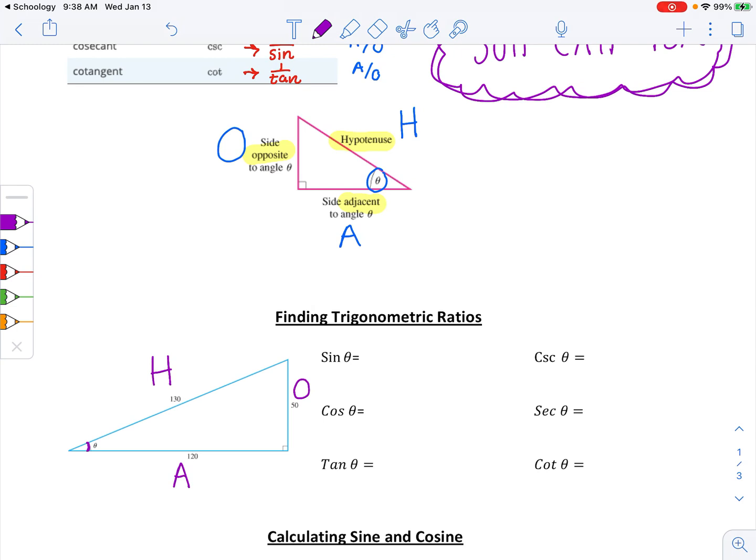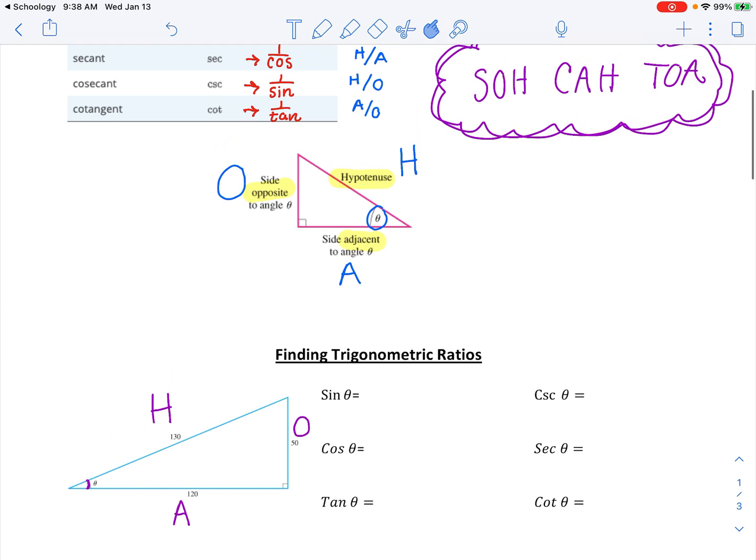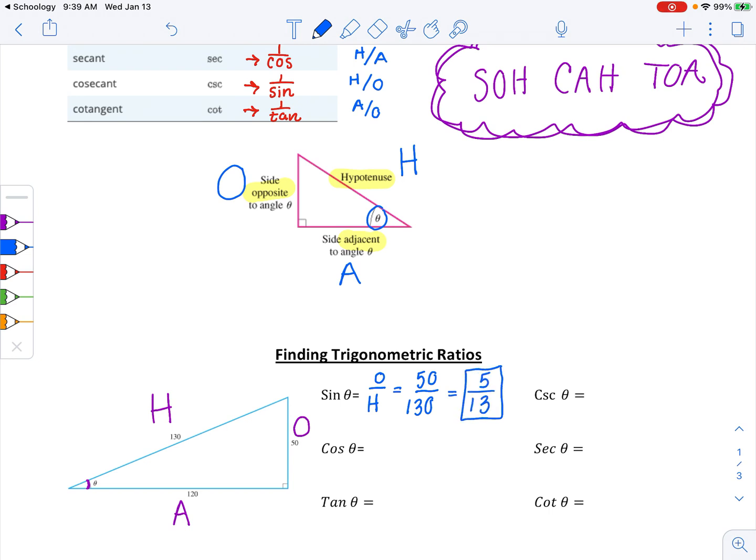Sine, using either SOHCAHTOA or if you already know, sine is O over H. Looking at my picture, the side length associated with O is really 50. H is the hypotenuse, which is really 130. I'm always going to simplify, so I get 5/13.